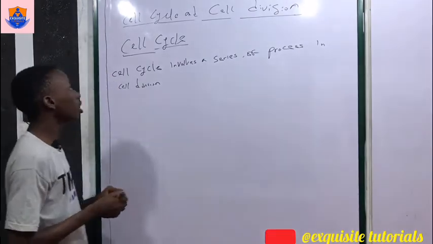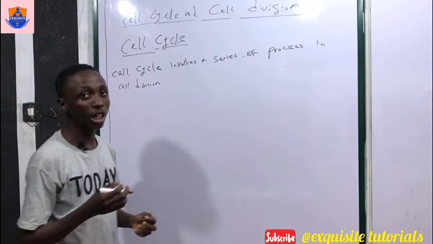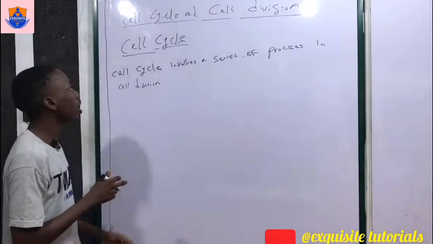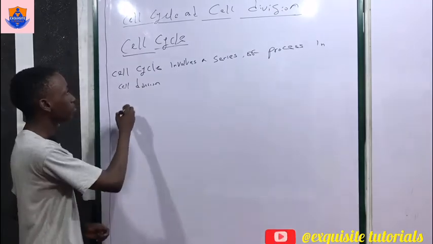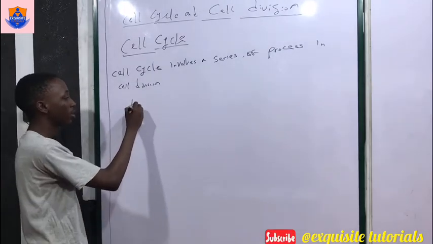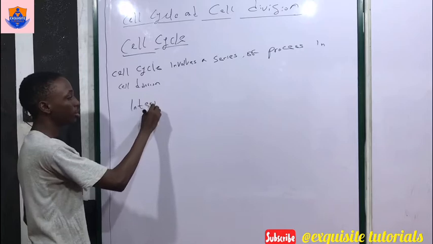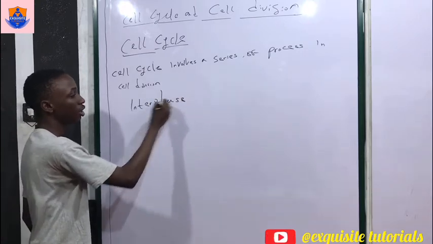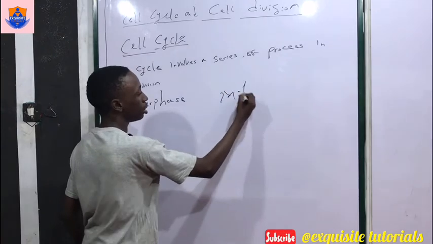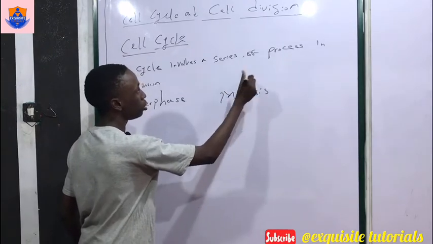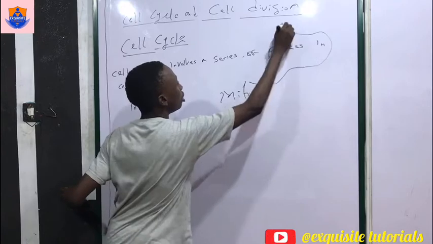Basically there are two stages. In these two stages, we're going to be looking at the interphase stage, and the stage of mitosis. Now, this mitosis falls under cell division.